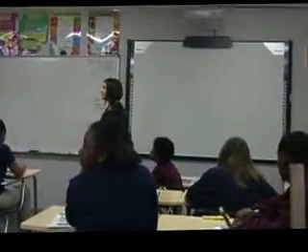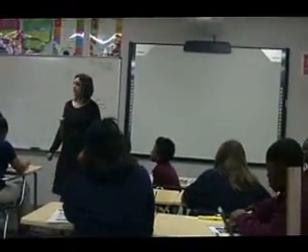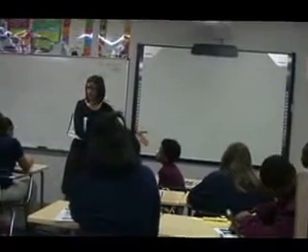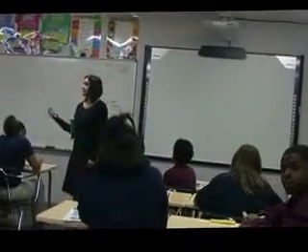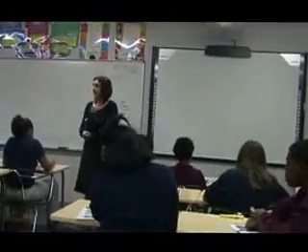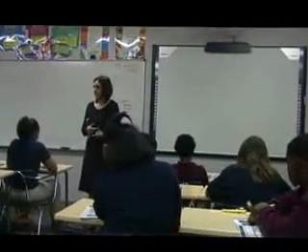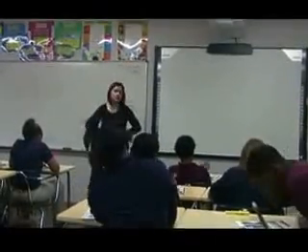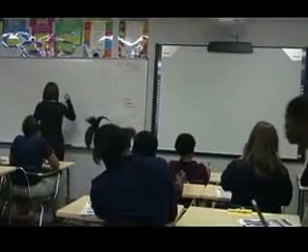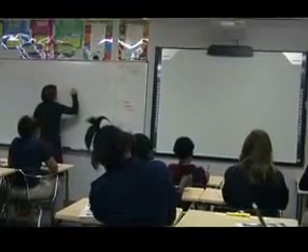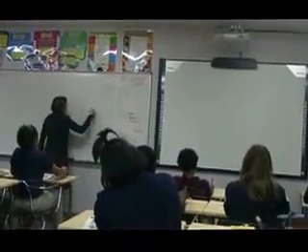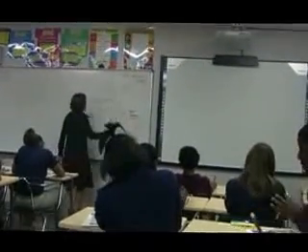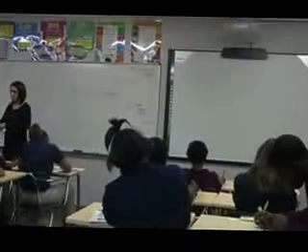So all you're doing is, you drew the conclusion that somebody was hurt, which was Aziz. You went in there and took that conclusion a step further. You had your proof and you gave your explanation. So what I want you to write next to that, proof plus explanation. You can just write prove plus explain.